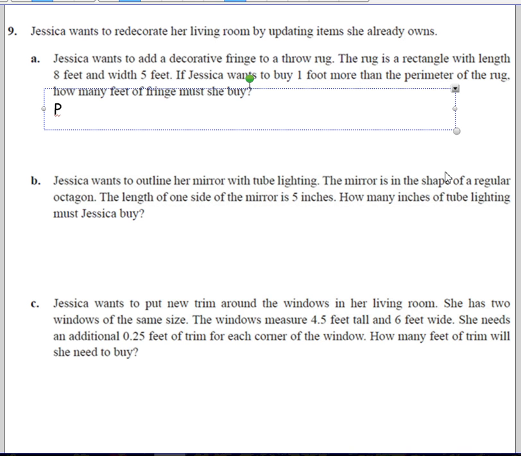So our perimeter would equal 2 times the length, which is 8 feet, plus 2 times the width, which is 5 feet. And so for that, 2 times 8 is 16, and 2 times 5 is 10. So that gives us 26 feet.